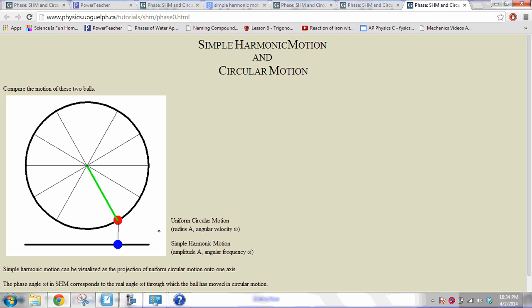That just represents one component. Typically, we look at the X component. It really wouldn't matter if it were the X or Y component, but we look at simple harmonic motion as one component of the uniform circular motion. So when we look at a lot of equations and terminologies, those mirror one another.